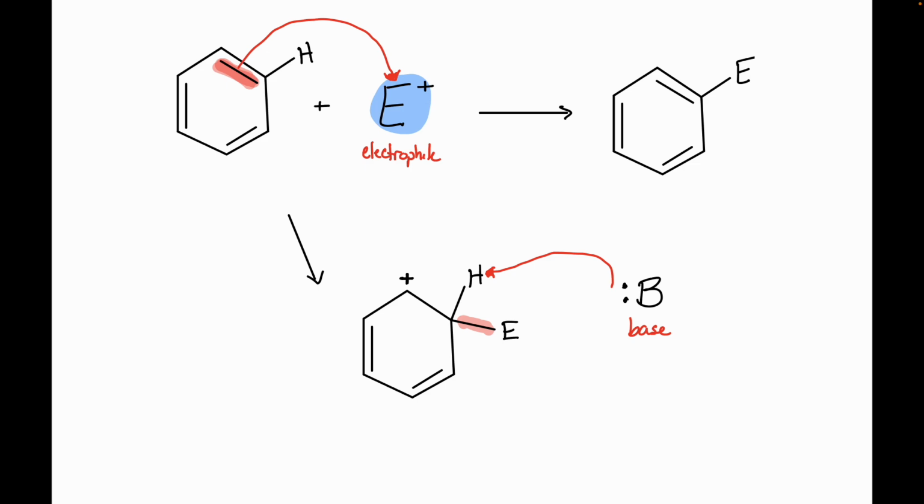Importantly, I have to reform that pi bond, and that's this pair of electrons that was bound to my hydrogen that's going to do it. So the base removes the hydrogen, and that pair of electrons that was in that carbon-hydrogen bond is now what forms my new pi bond up here, right? This pair of electrons used to be right there.